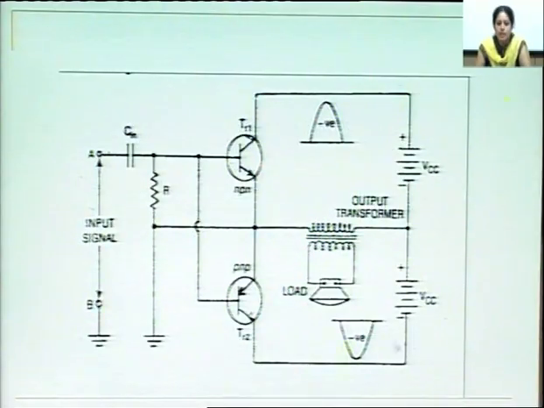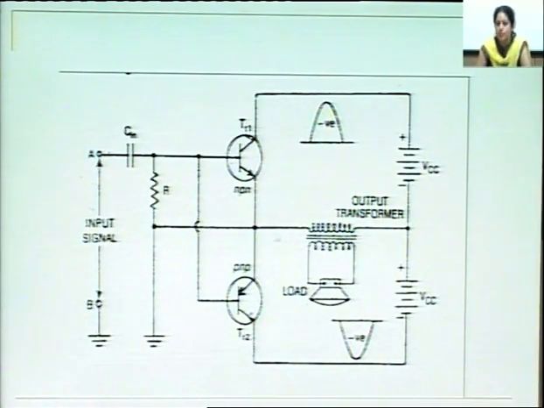This is the basic diagram of the complementary push-pull amplifier. Here, these two transistors are complementary to each other. See, here we have an NPN transistor, and here a PNP transistor. We have an output transformer, and center tapping is vanished. For the positive half cycle one transistor works, and for the negative half cycle the other transistor works.